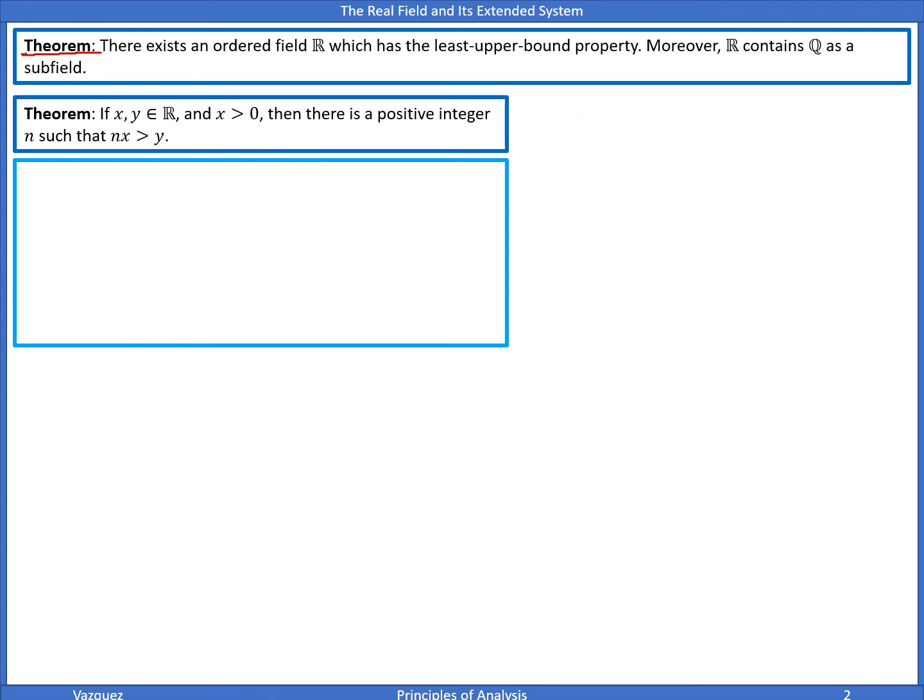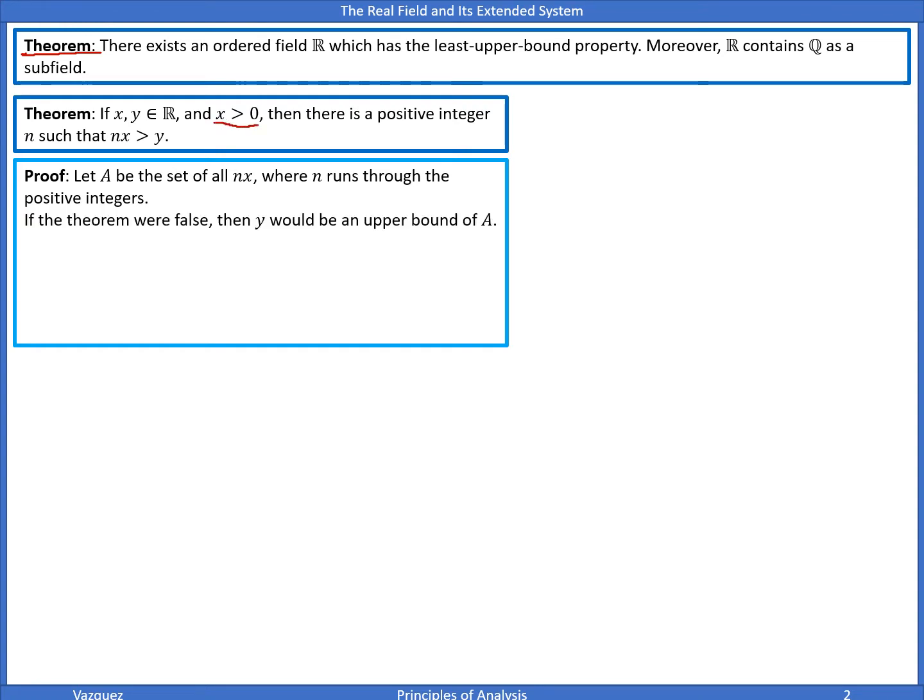Next we have the proof for the Archimedean property. So first we're going to let A be the set of all nx, where n runs through the positive integers, right? And x is positive as well, as we see up here. Okay, if the theorem were false, then y would be an upper bound of A, right?